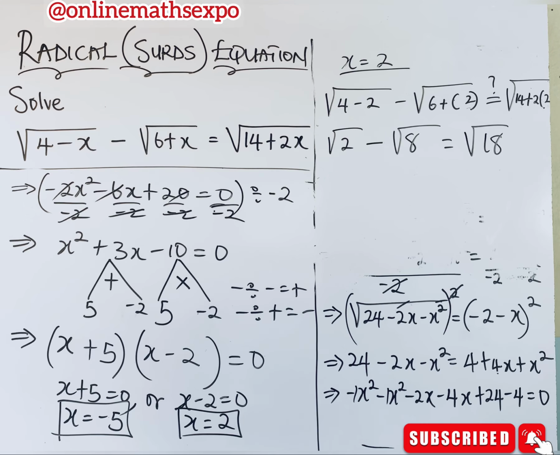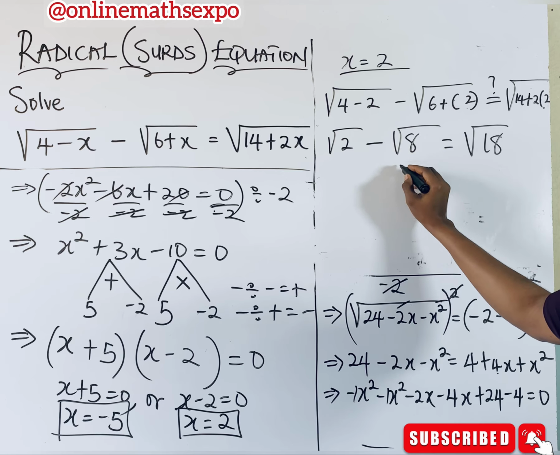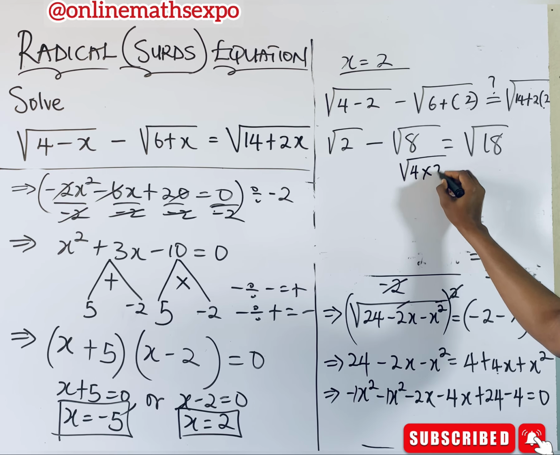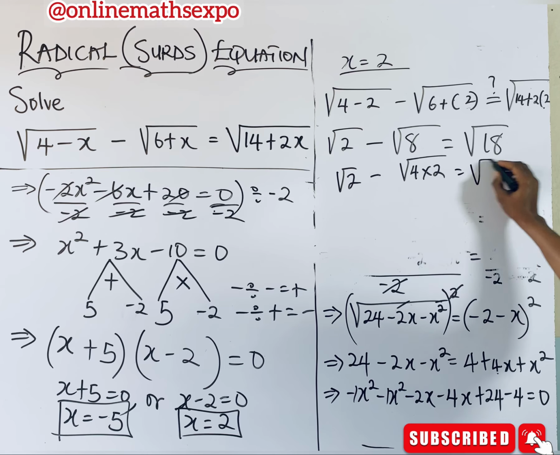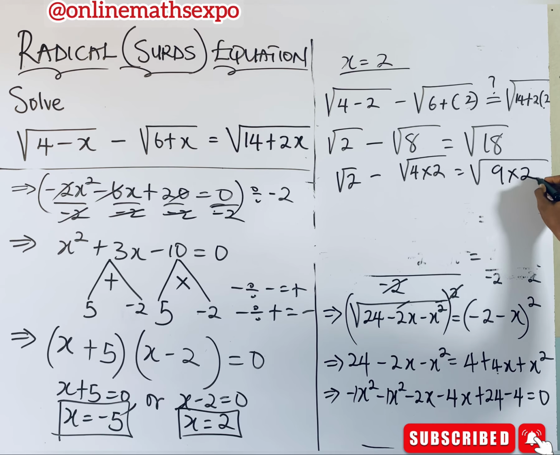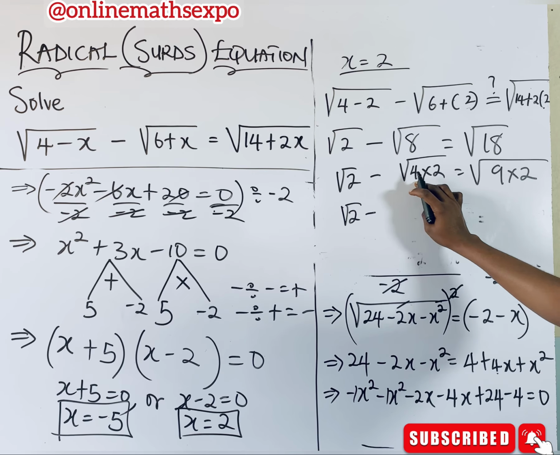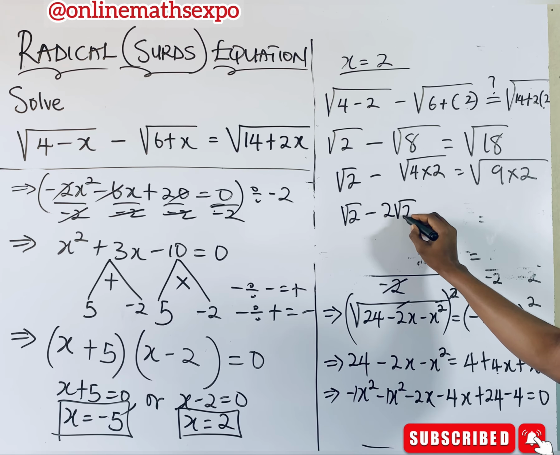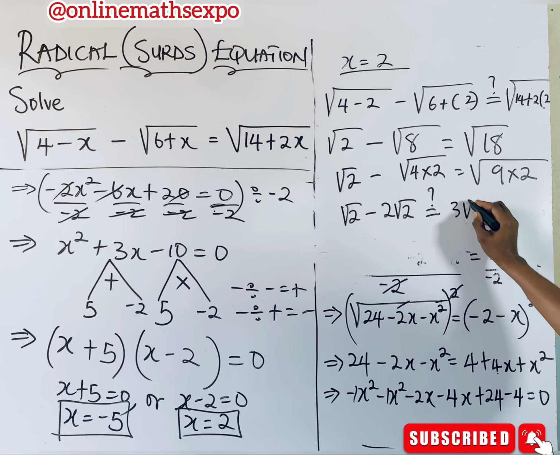So in that case, what do we do? This has a perfect square in it. The perfect square is 4, and 4 times 2 will give you 8. And this one has a perfect square, which is 9. So in that case, we have square root of 2 minus square root of 4 is 2, so we have 2 root 2. Is it equal to, square root of 9 is 3 root 2.